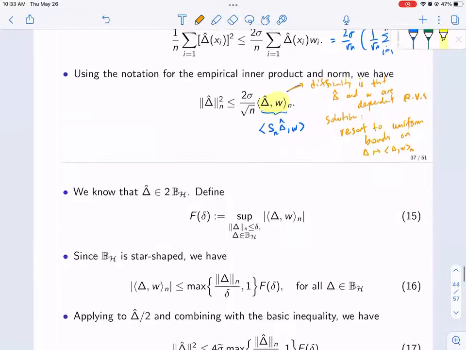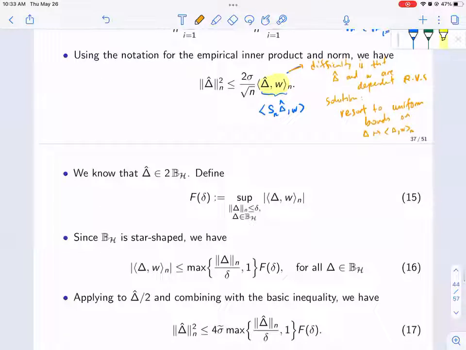So in order to make this work, we need a good set for delta hat, small enough. And so we observe here that because this is h hat minus h star, and both of them are assumed to be in the ball of radius 1 in the Hilbert space, the difference is in a ball of radius 2, right?